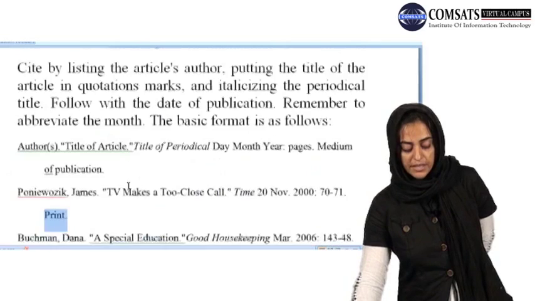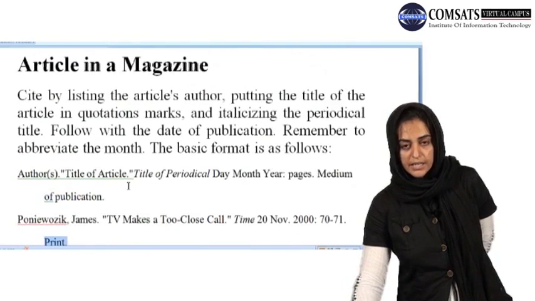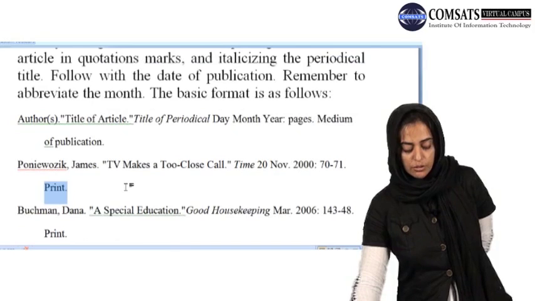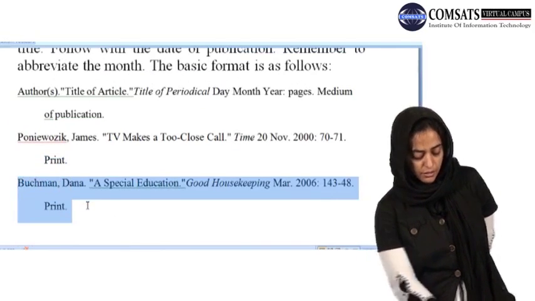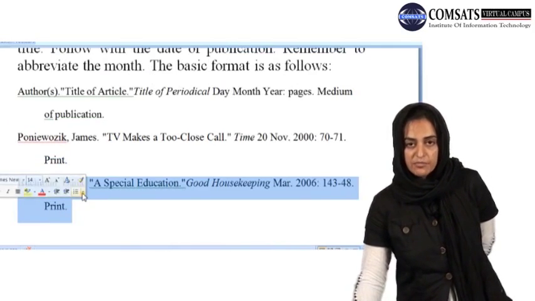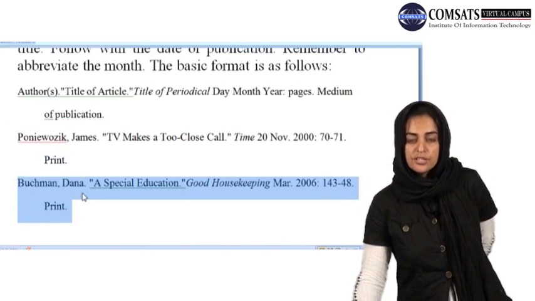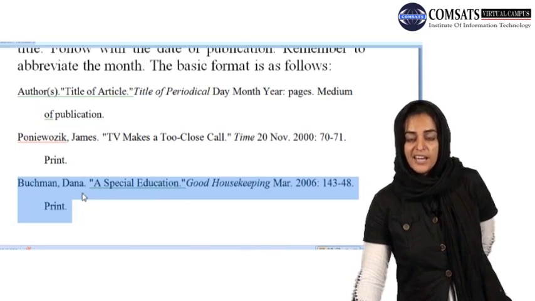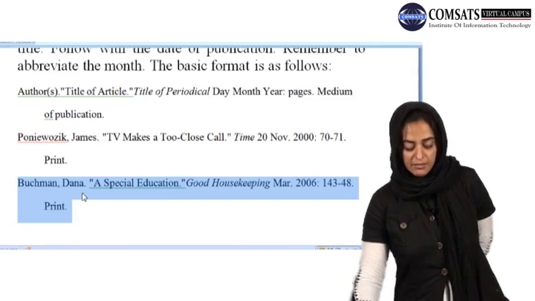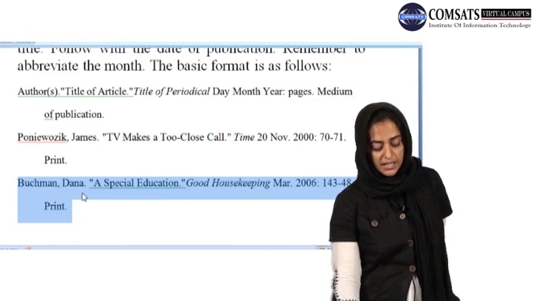This was the first example for creating the detailed reference for an article of a magazine. Second example in front of you on the screen, kindly have a look. First the name of the author of the article in the last name, first name fashion. After that, dear students, there is a dot, then the name of the article in inverted commas as recommended through the MLA referencing style, and the name of the article is A Special Education.